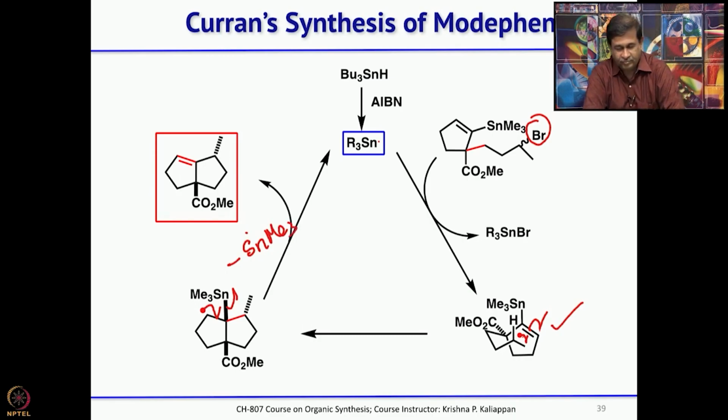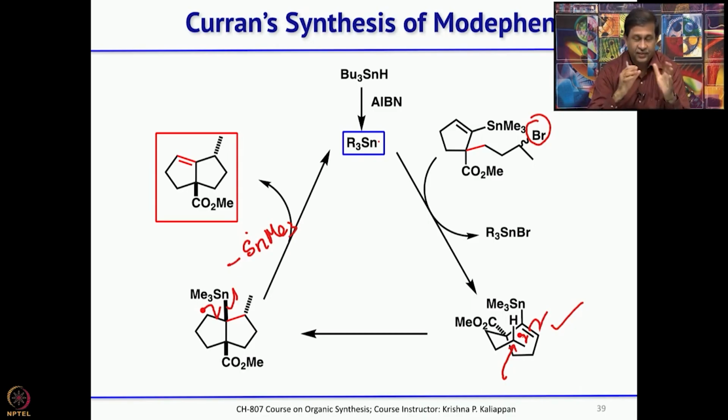So that is how this cyclization takes place, and the methyl group, which is alpha, it is because here the methyl group was put in equatorial position.